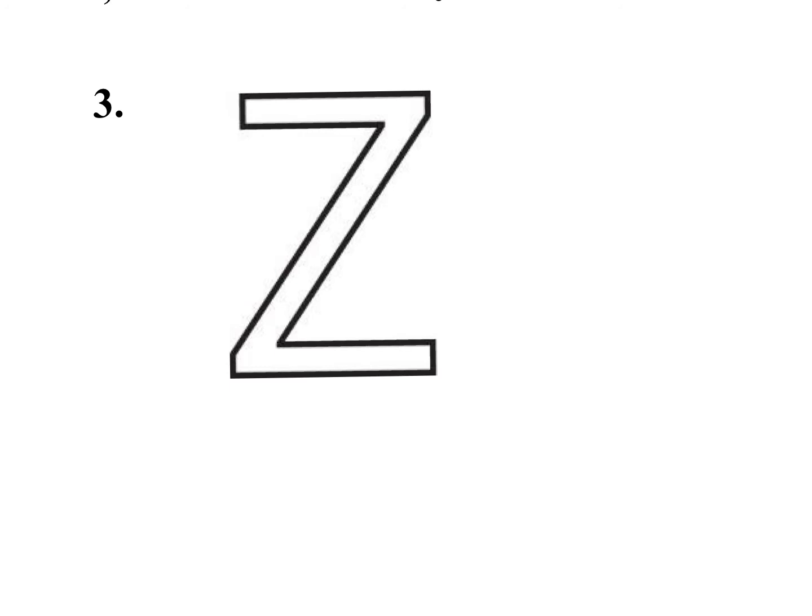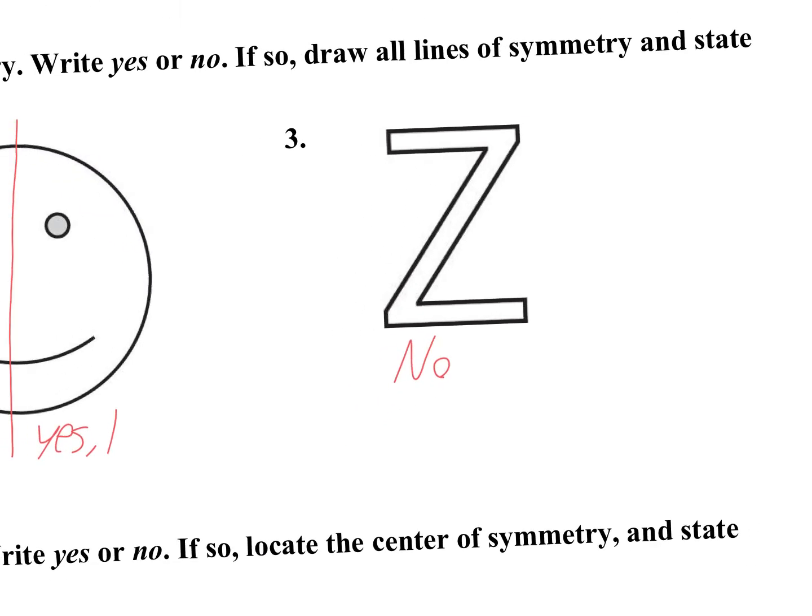If I do instead a diagonal line, that won't work. Diagonal the other way, that won't work either. So this ends up being no symmetry. None.